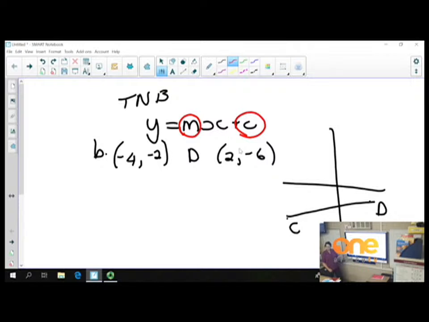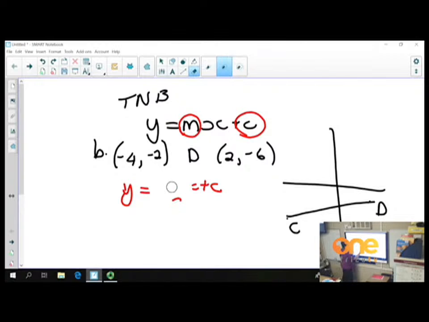y2 minus y1 over x2 minus x1. What is the gradient in this case? Negative 2 over 3. Okay, now let's go the long way. So what is m then? -6 minus -2 over 2 minus -4.